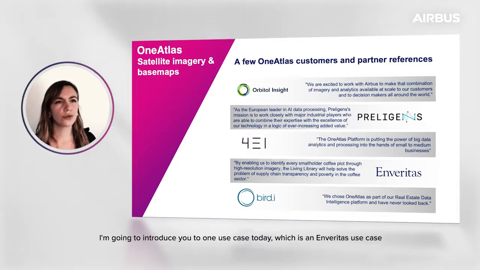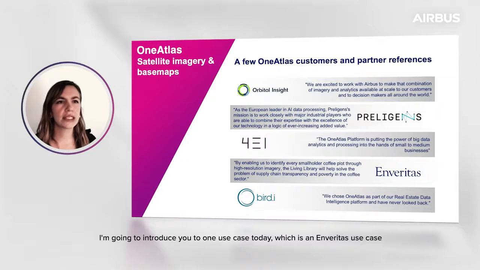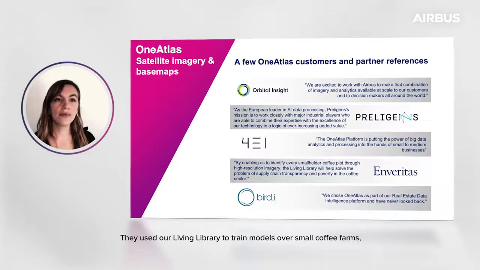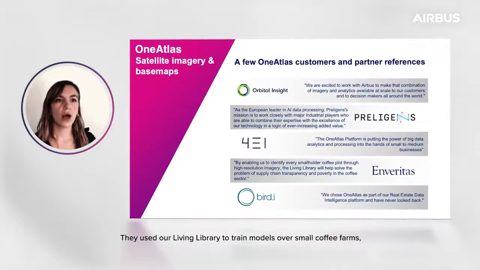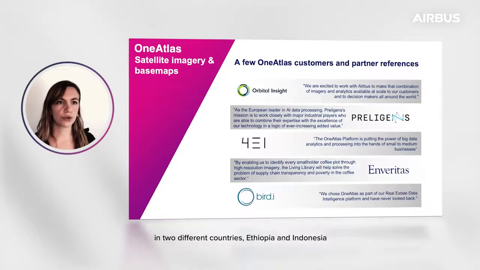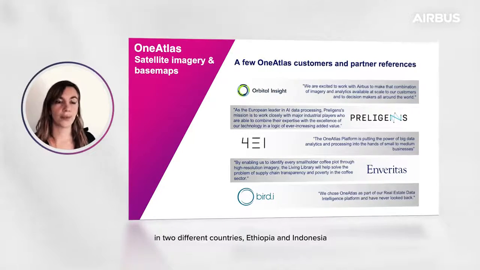I'm going to introduce you to one use case today, which is the Enveritas use case. It is quite interesting. They used our living library to train models over small coffee farms in two different countries, Ethiopia and Indonesia.